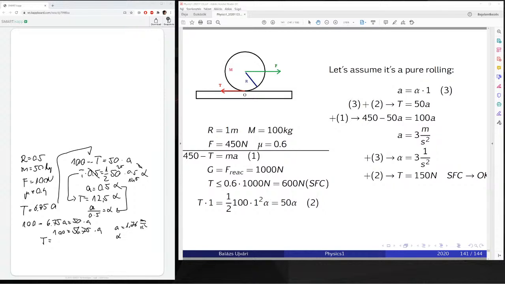I found alpha equals 0.881 1 over second squared.